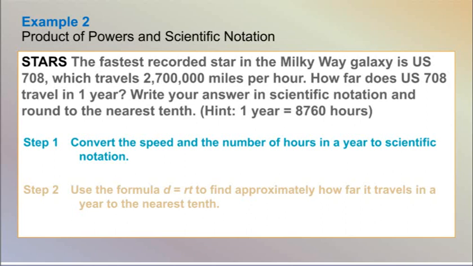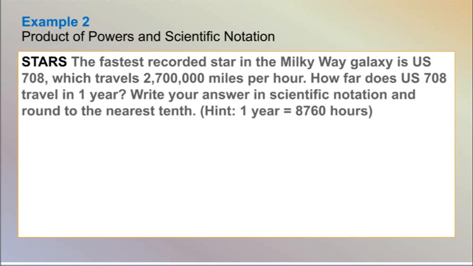So the first thing we need to do is convert the speed and the number of hours in a year to scientific notation. And then we're going to use the formula d equals r times t, which just means distance equals rate times time, to approximately find how far it travels in 1 year to the nearest tenth.